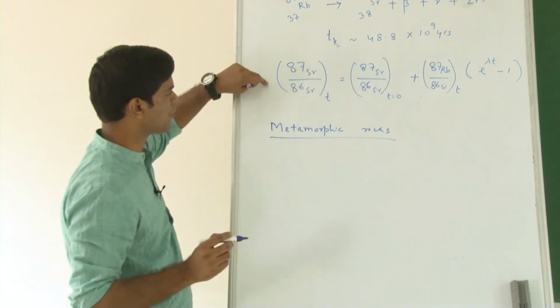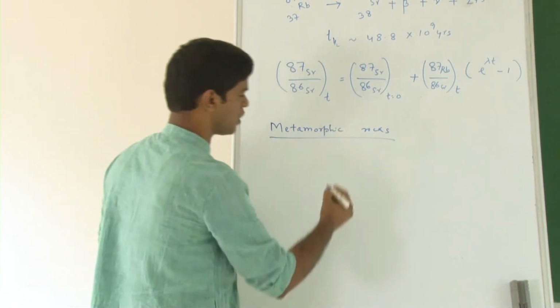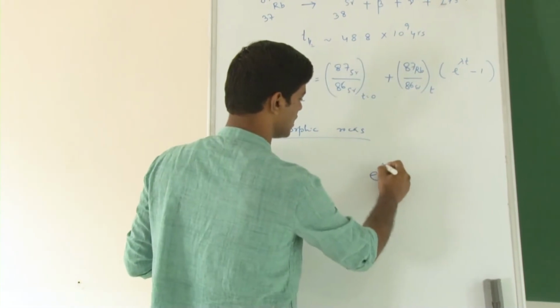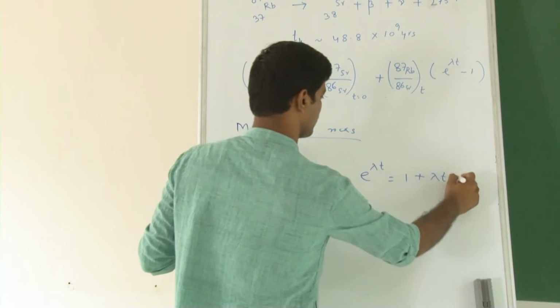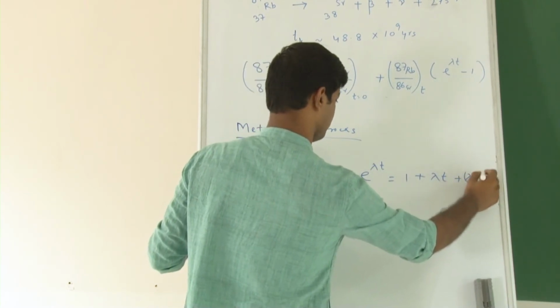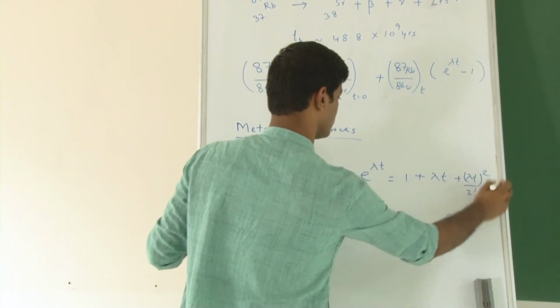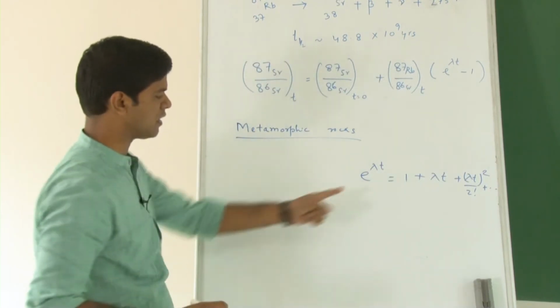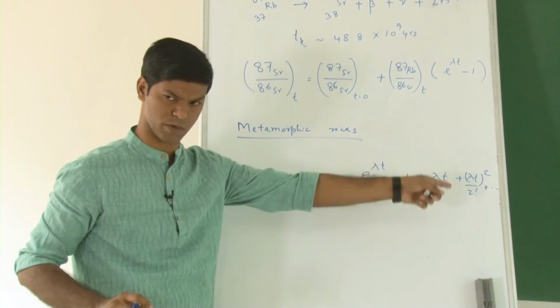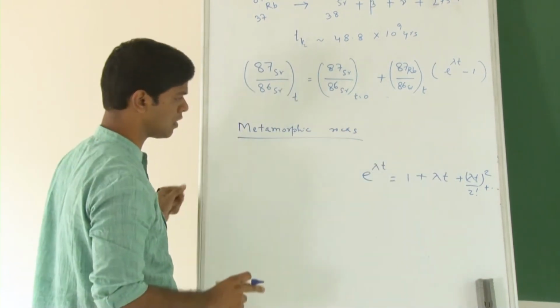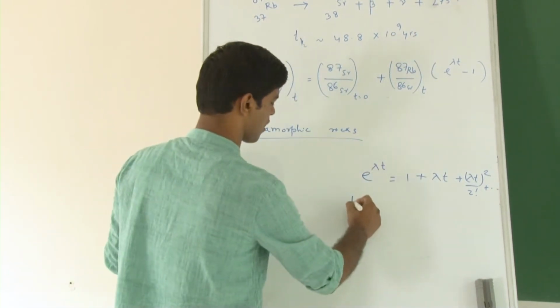So, I will try to approximate this equation first. We know e to the power lambda t, if you do the Taylor expansion, e to the power x is equal to 1 plus x plus x square by 2 factorial and goes on.